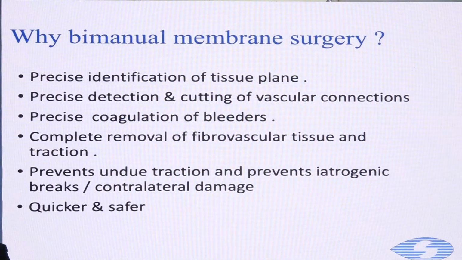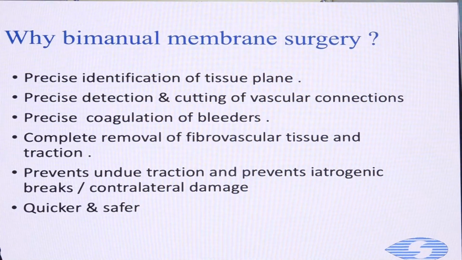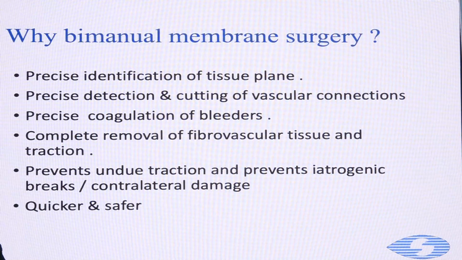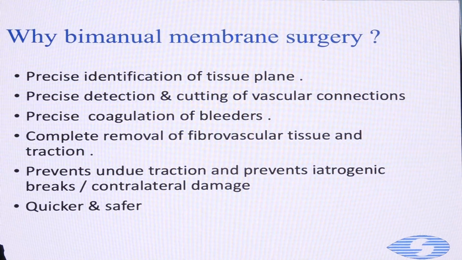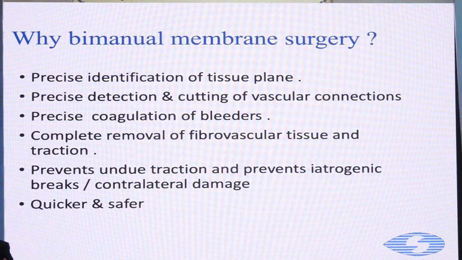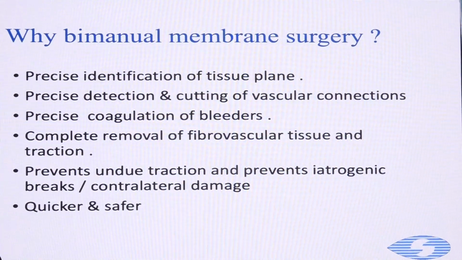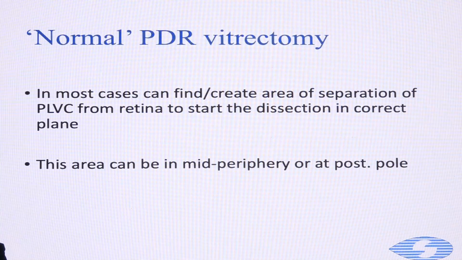There is a way of coagulating the bleeders bimanually that I'll show, and it also ensures complete removal of the fibrovascular tissue and traction, though Dr. Sangeet has also described it his way very well. Second, in bimanual surgery one hand supports the other, so you don't have undue, excessive traction going the contralateral way.